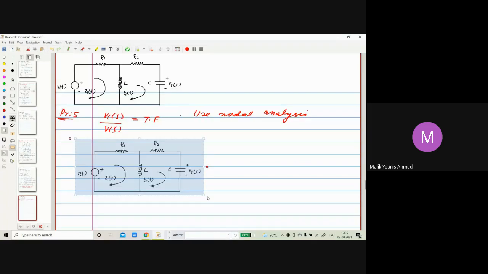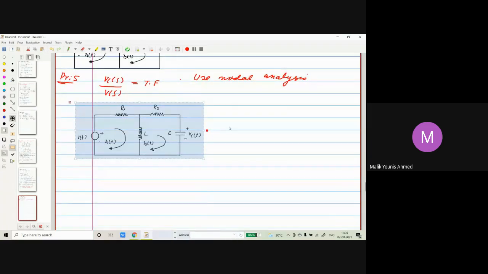Okay, let's find the solution of this one. Solution of this is, you can say the voltage, sorry, in the question R1, R2, yes. Let me check.